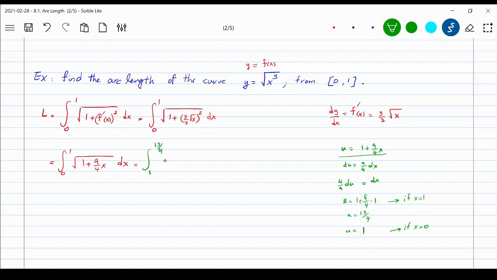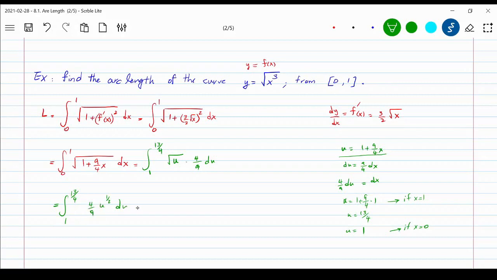Sorry about that. And instead of dx, I can write 4 over 9 du. And simply this integral becomes the integral from 1 to 13 over 4 of 4 over 9 u to the power 1/2 du.